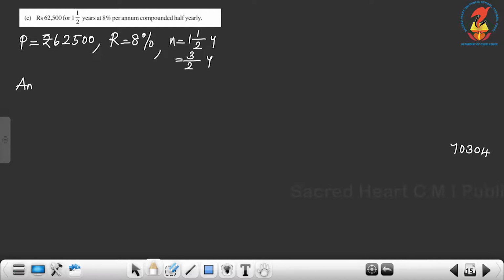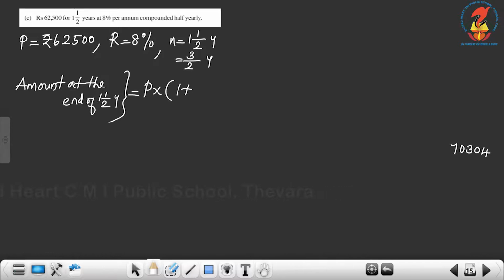So amount at the end of 1.5 years is equal to P into 1 plus, compounded half yearly, the rate will become half. So that is included in the formula, R by 200 whole raised to 2n. 2n means how many half years are there. So here you have to give the value of n, then you will get the number of half years.